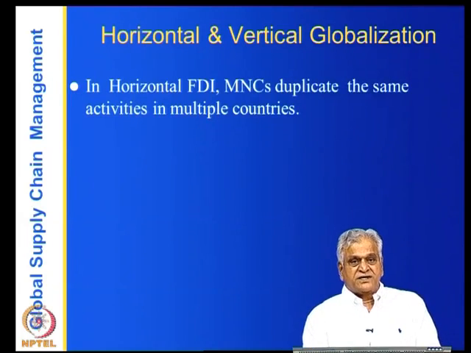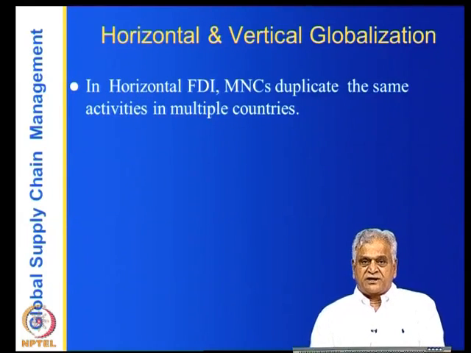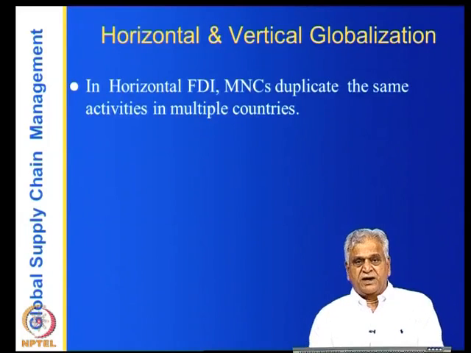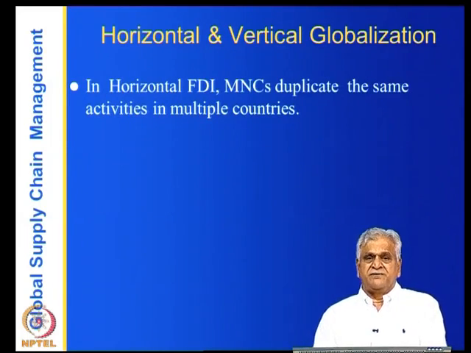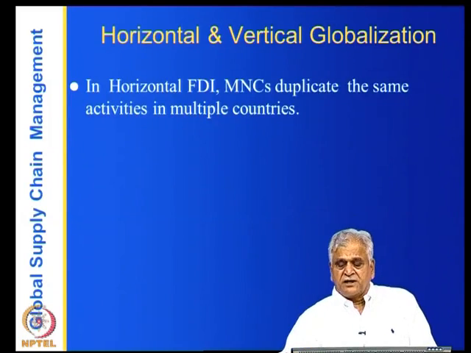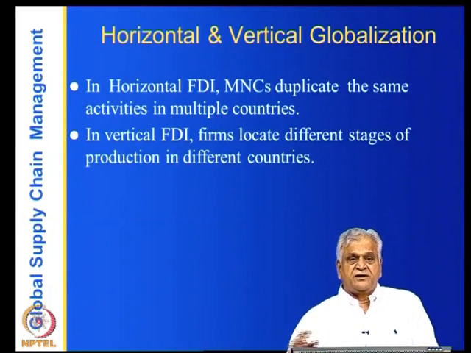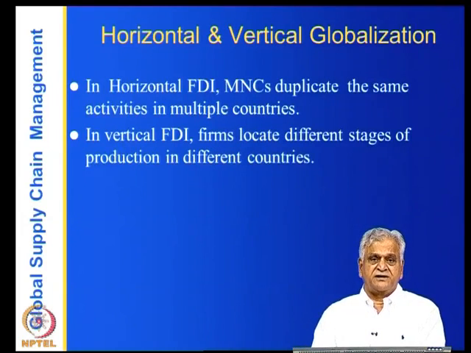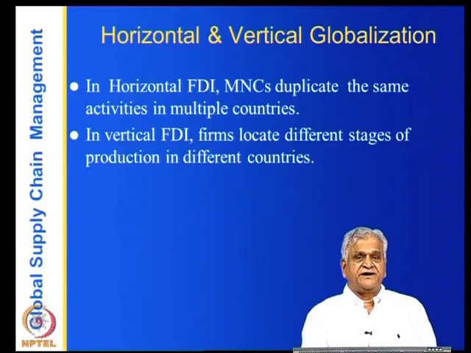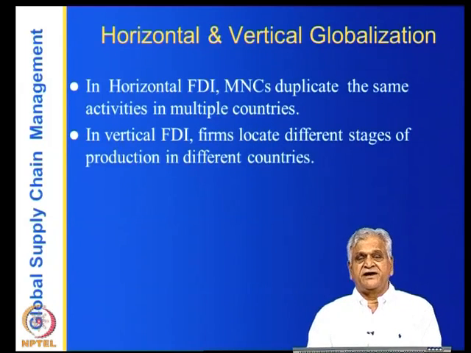And that means they require the same components, either imported from Japan or some other place, or they have to duplicate even the suppliers here. But what is more prevalent nowadays is vertical foreign direct investment, where firms are located in different stages of production in different countries.